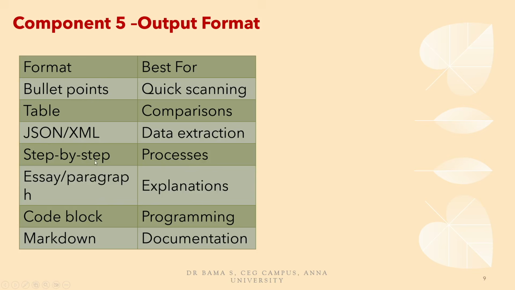So these are some of the formats which are given at the left side. The bullet points, which can be used for quick scanning, the table which can be used for comparisons, JSON or XML which can be used for text data extraction, the step by step which can be used for processes, essay or paragraph for explanation, a code block as output format for programming, and markdown which would be for the documentation.